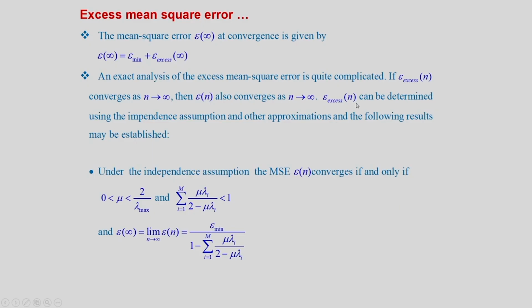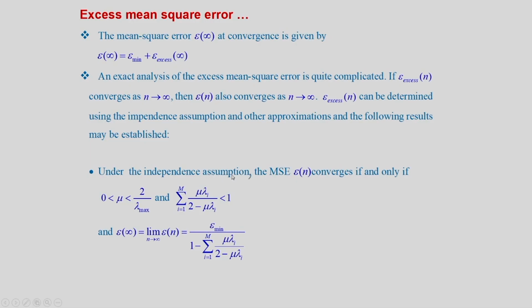That excess mean square error can be determined using the independence assumption and other approximations, and the following results may be established. We will not establish it, but this is a very important result.